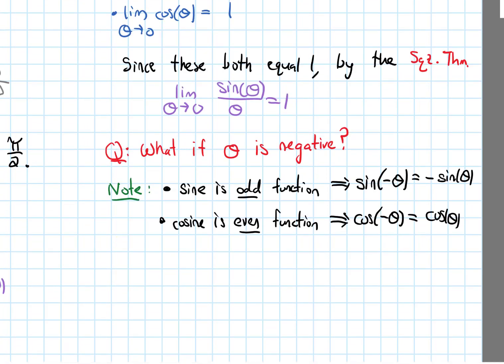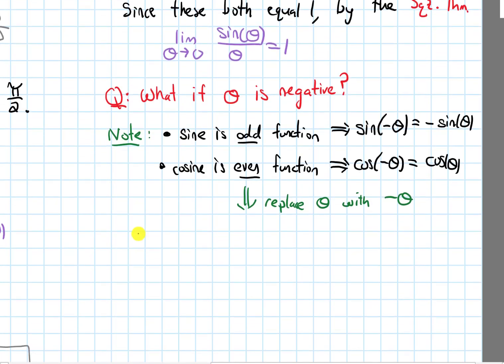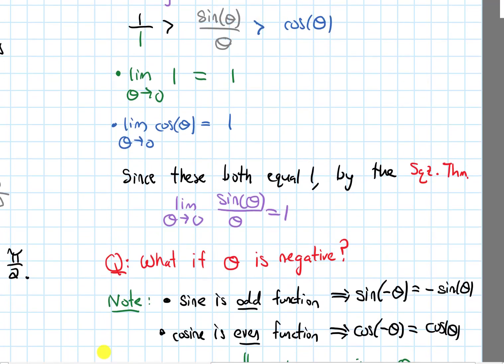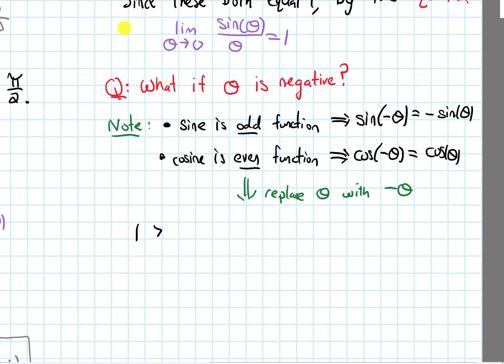Okay, so what I'm going to do is, in our inequalities, let's replace the theta with negative theta everywhere in our inequalities. So on the left-hand side, there's no theta, so I'll just keep it as 1. And that'll be greater than, and for the middle term, I'll get sine of negative theta over negative theta.